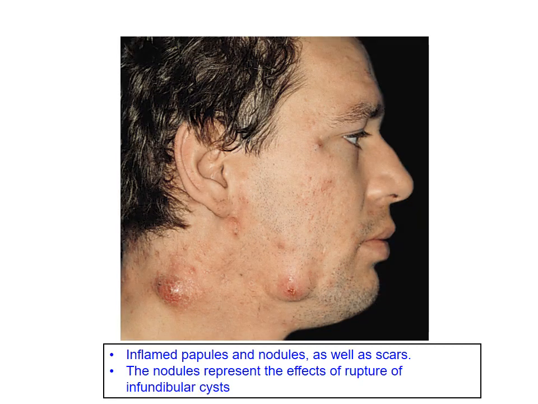So the dominant lesions here are nodules. You are right, this is a severe case of acne, because the dominant lesions here are nodules. The appearance of the nodules settles the case as severe.